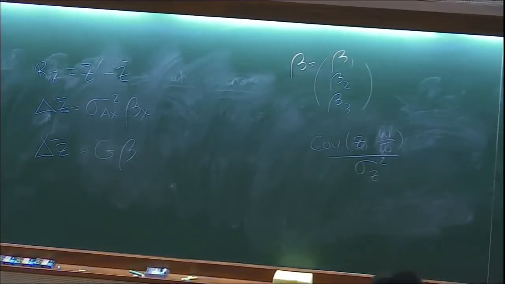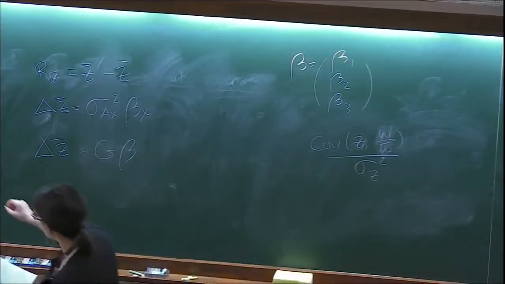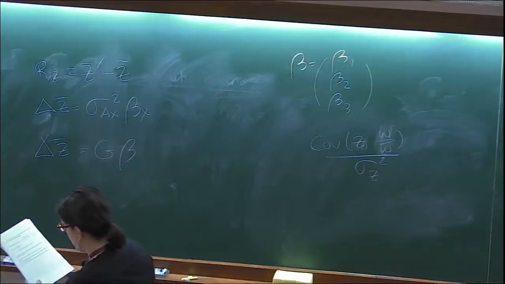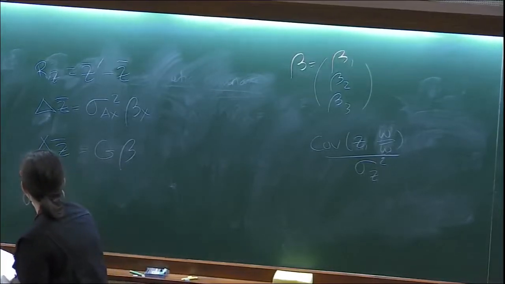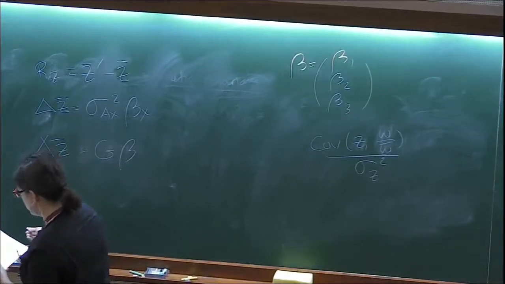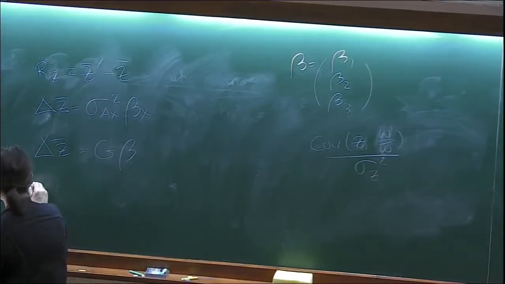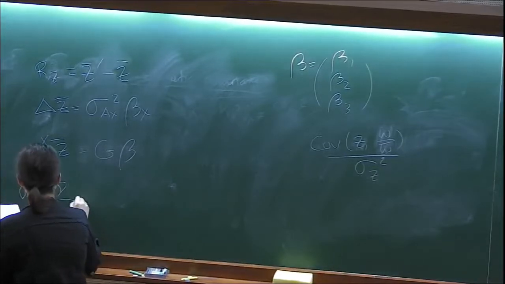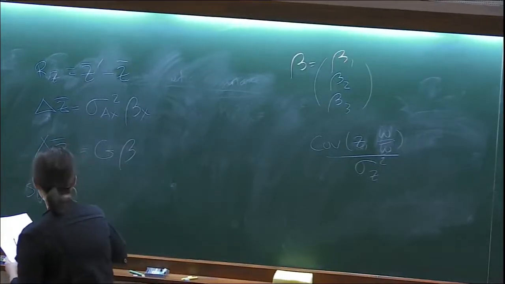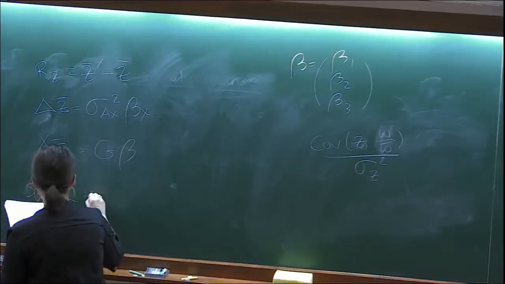And the other thing that you might note from this writing, this thing here, is a vector of the selection differentials, and each one of them is this sum. I think it's useful to look at.